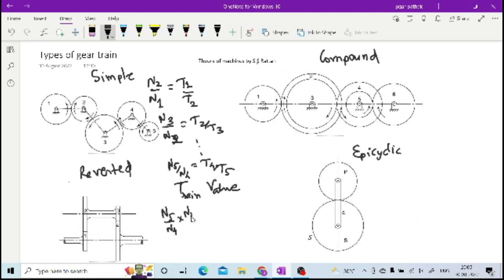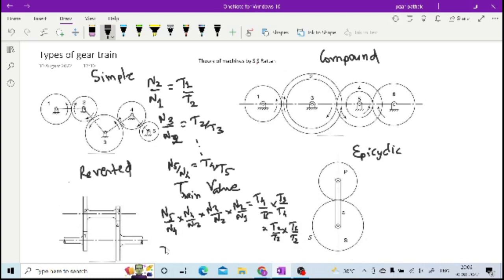Then N4 by N3, then N3 by N2, then N2 by N1, equal to again T4 by T5, then T3 by T4, T2 by T3, then T1 by T2, like that.